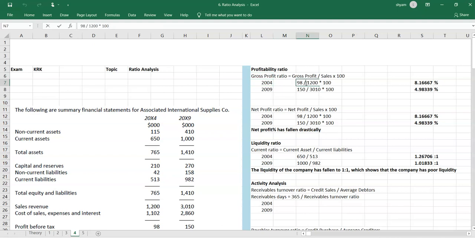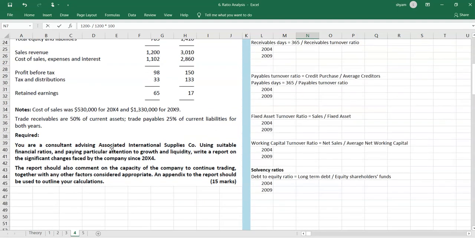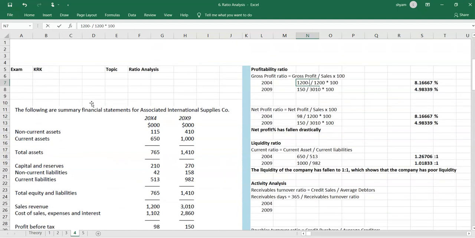So we could have found out like this. We can take the sales number and deduct the cost of sales. So cost of sales is this number 530.